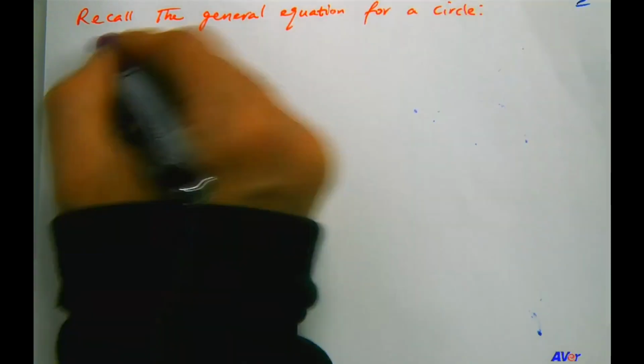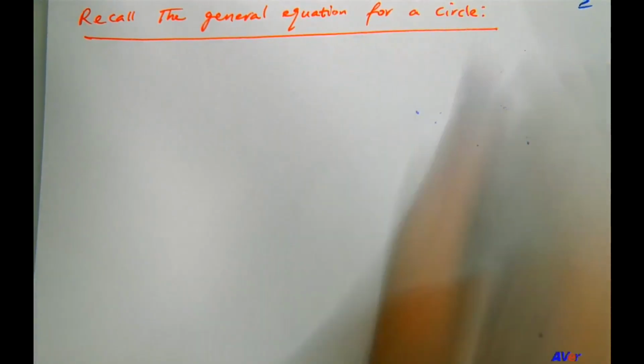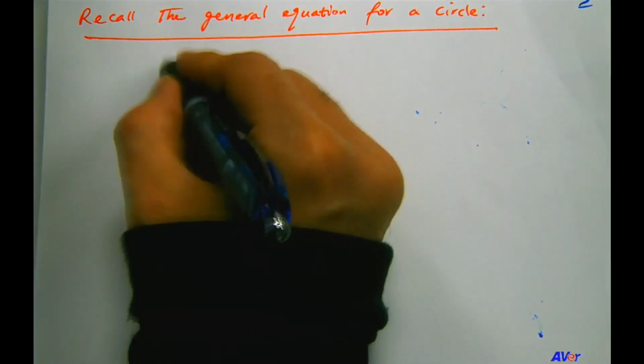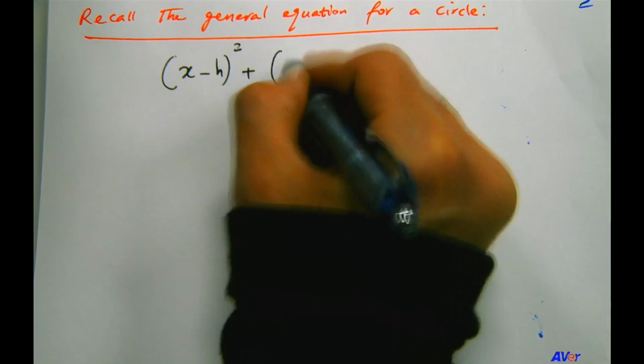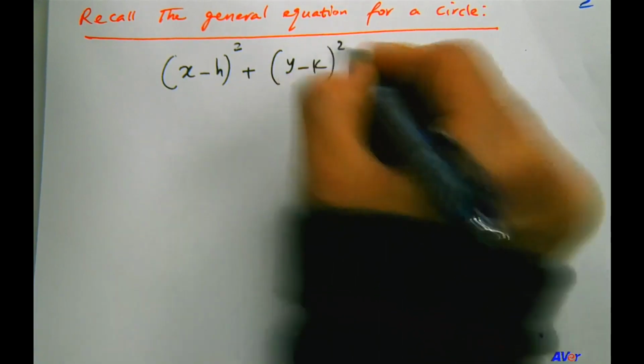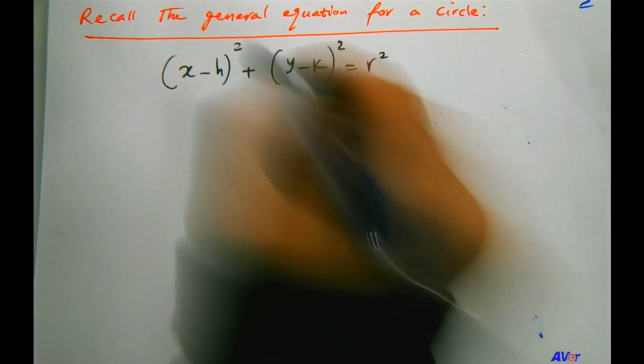The general equation for a circle is (x minus h) squared plus (y minus k) squared equals r squared.